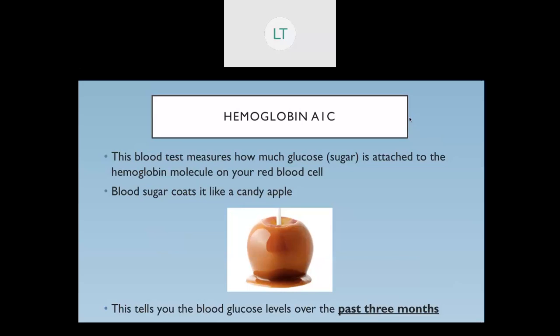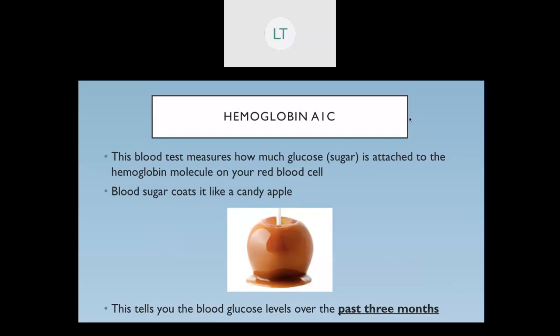Your hemoglobin A1C, or you might hear it referred to as your A1C, is another blood test that is used regularly, as it can show how your blood sugars have been for about the last 3 months. This is measured by looking at the number of sugar molecules that are attached to your hemoglobin cells. So hemoglobin is a cell in your bloodstream that delivers oxygen throughout the body.